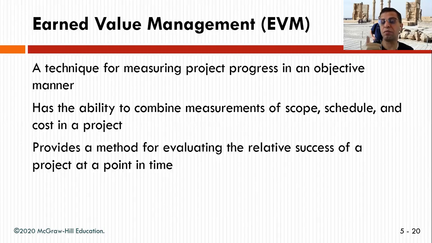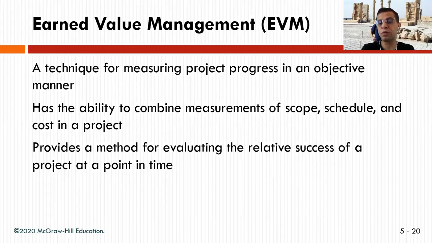Scope, time, and cost. So there is a triangle made of three. If you want to minimize the timing, you might need to increase the cost or reduce the scope, because these three have to be connected to each other.